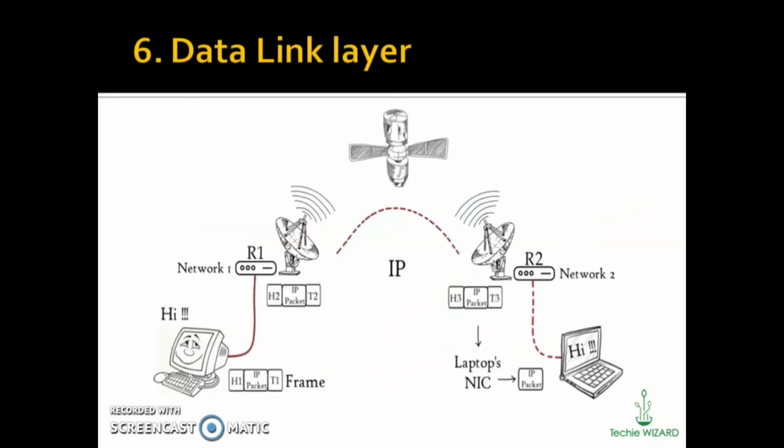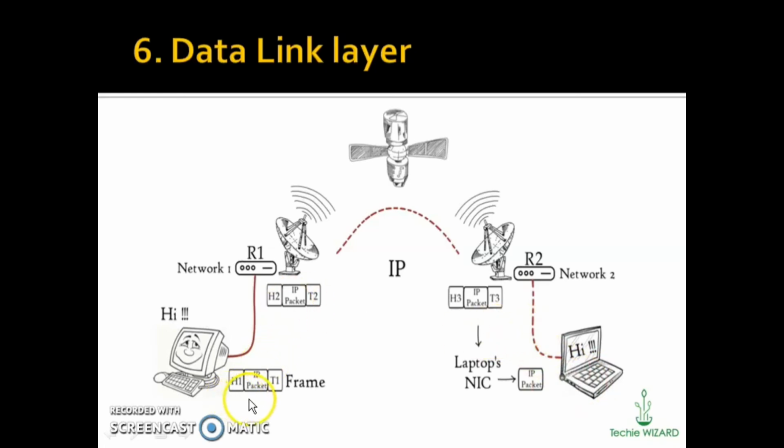In the data link layer, as we see here, the computer has to send a message "hi" to the laptop which is connected to the other network. The computer is connected to the router R1, and the router R1 is connected to the router R2 through a satellite link, and R2 is connected to the laptop using an Ethernet cable.